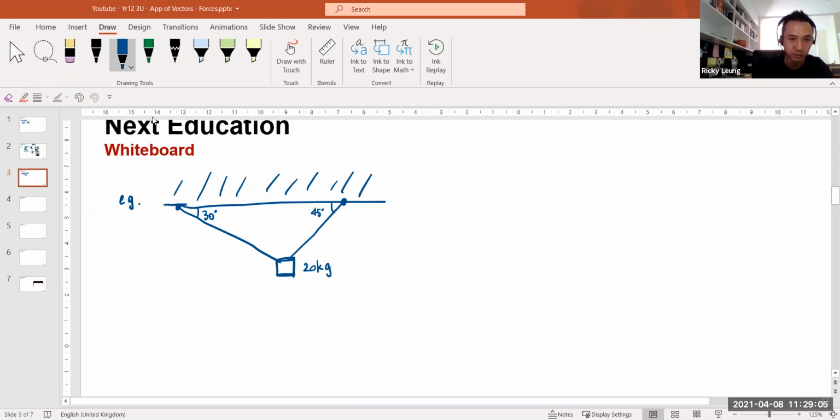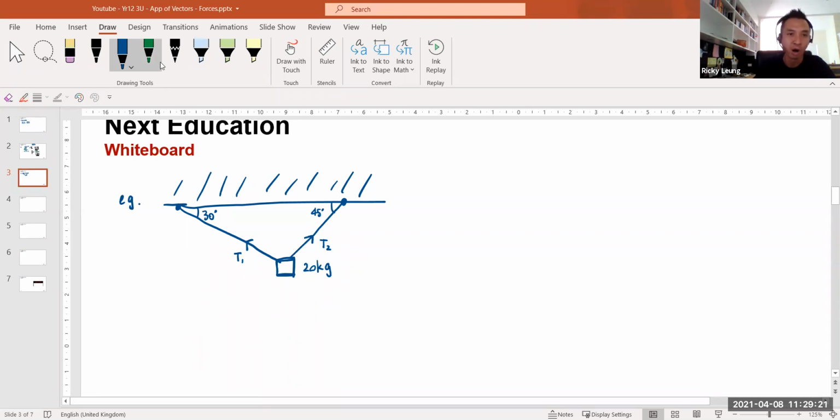If the question doesn't tell you, you should know yourself that because the angles are different, that would have tension 1 and that would have tension 2, for it to remain stationary in air.